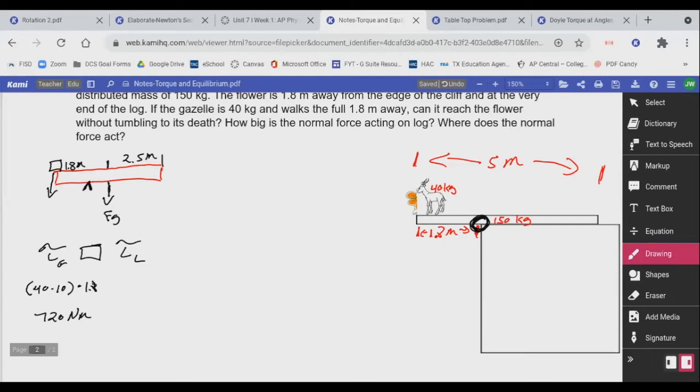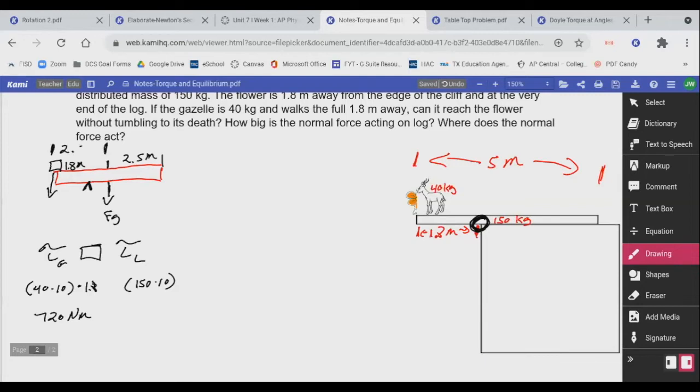Well, the mass is 150. The acceleration of gravity is 10. So that's the force. Now we need to know the distance that force of gravity is from the pivot point. Okay, well, I'm on the top of my picture right now.